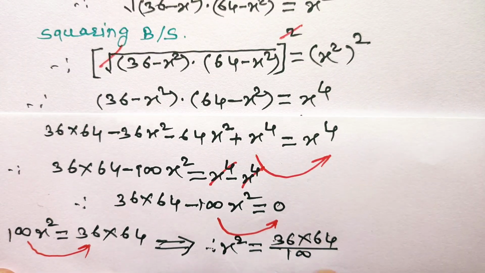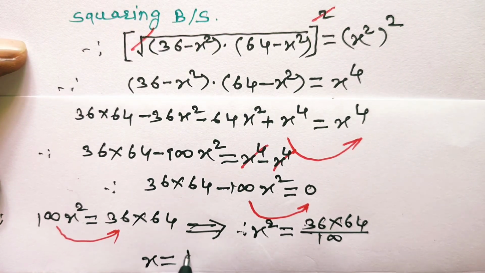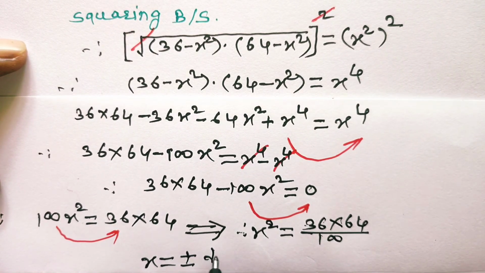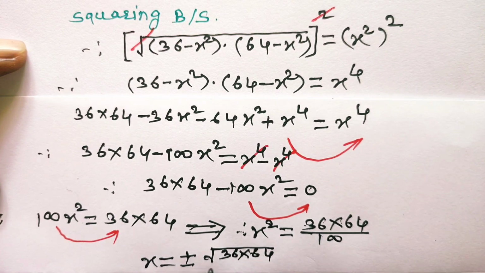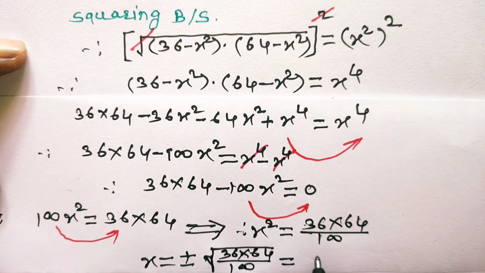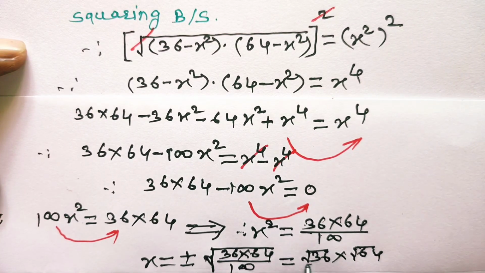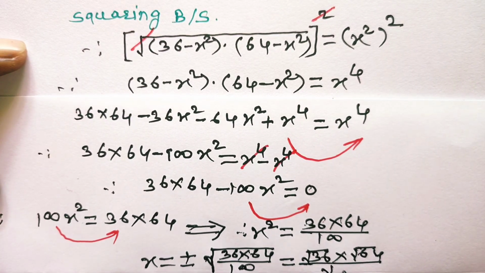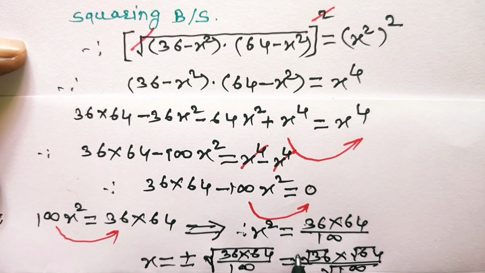Now taking square roots on both sides, x is equal to plus or minus square root of 36 into 64 divided by 100, which is equal to square root of 36 into square root of 64 divided by square root of 100 with plus or minus sign.